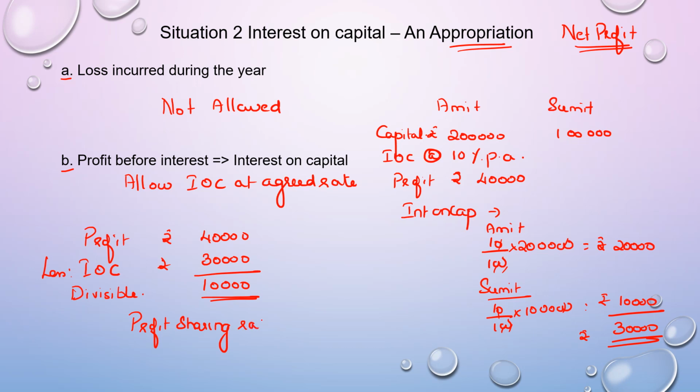So whatever is the agreed ratio, in that this 10,000 rupees would get divided. So as per the situation, they have adequate profit to give the entire interest on capital. Therefore, you allow the entire interest on capital as has been agreed. Entire 30,000 is given. So that is the solution to the situation here, where profit before interest is equal to or greater than interest on capital.